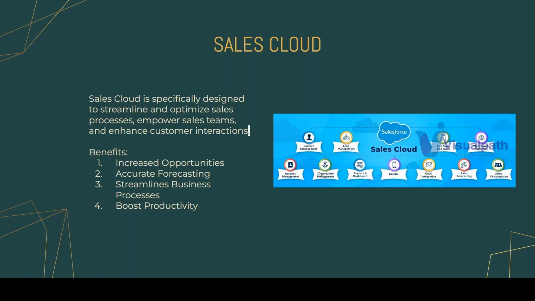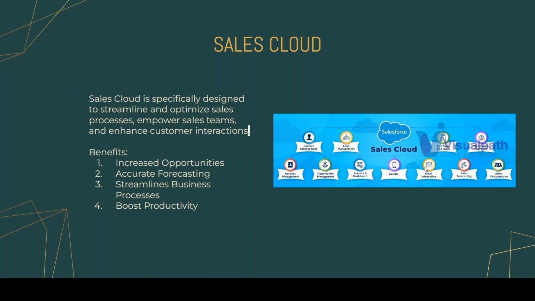Then opportunity management. Then if you want to see certain reports based on certain key metrics, that can be done. If you want to access it using mobile, there is a feature like the Salesforce One app provided by Salesforce, where you can access the Salesforce features you have created using the mobile application.